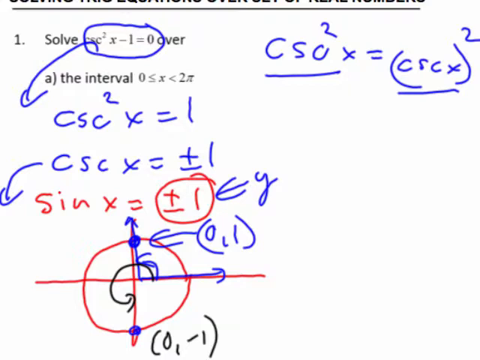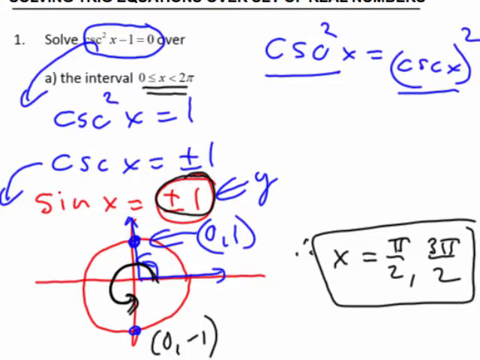And those are all the angles between 0 and 2 pi that have a sine value of plus or minus 1. So therefore, our particular solution, our solution on this interval, would be that x is 90, which is pi over 2, or 270, which is 3 pi over 2 radians.